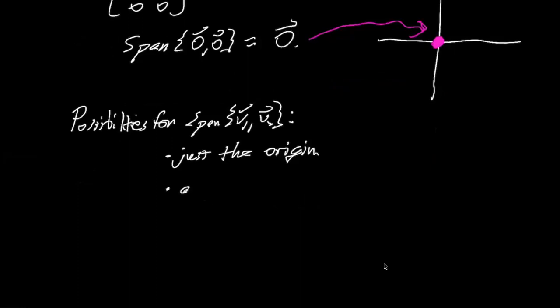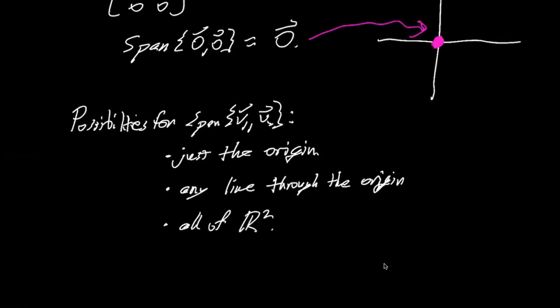I claim any line through the origin, you could check me. Basically, if the 2 vectors are on the same line. It even could be a vertical line if both vectors didn't have an x component, say. Or all of R2.